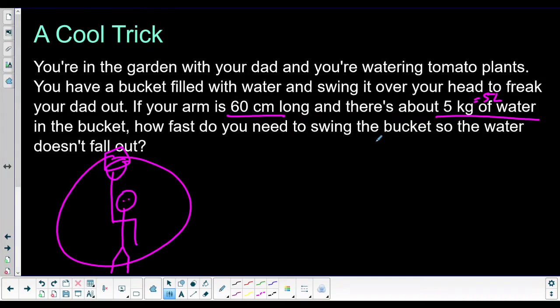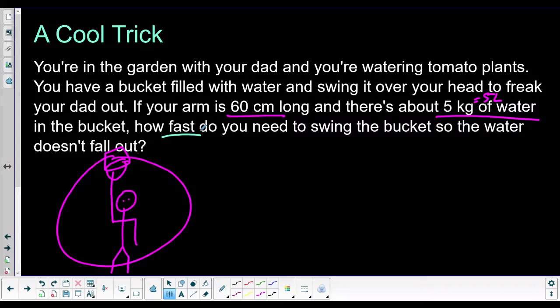Let's talk about the reasoning or logic behind the problem, and then we'll do the problem. We want to know how fast is necessary, which means we're looking for the minimum speed. What's the slowest I could swing the bucket without the water falling out?